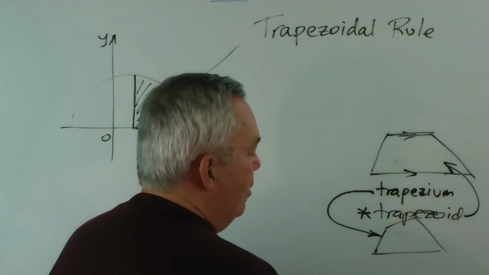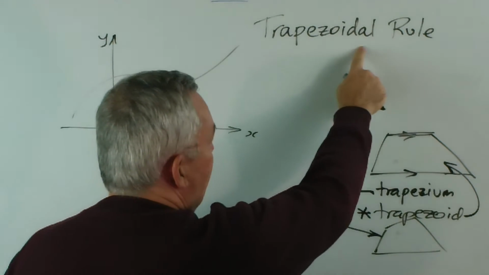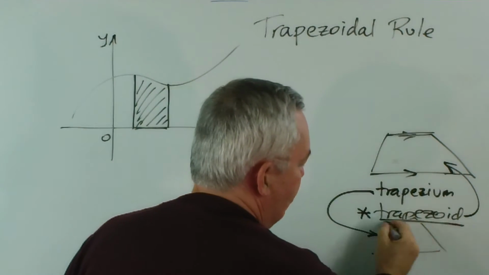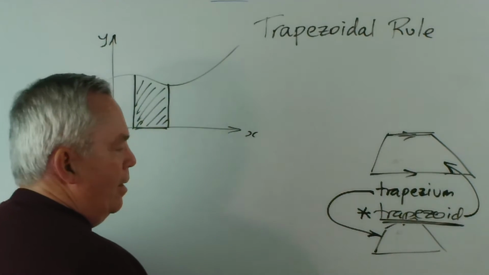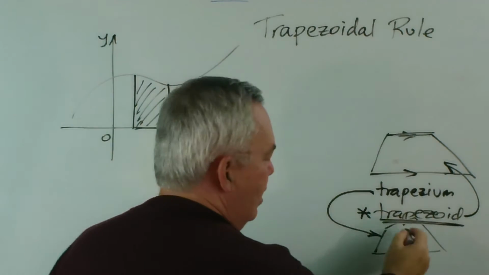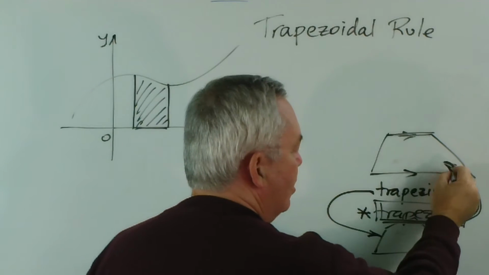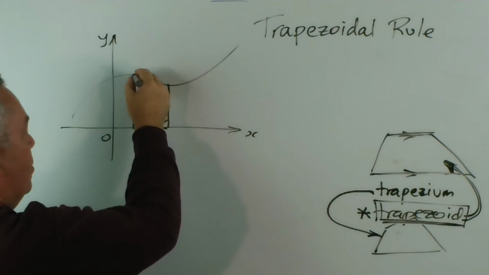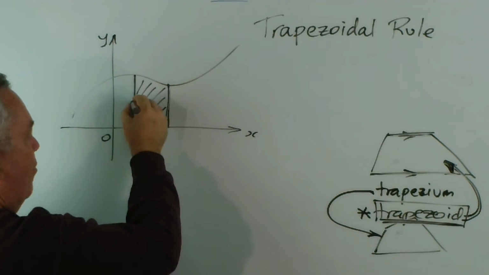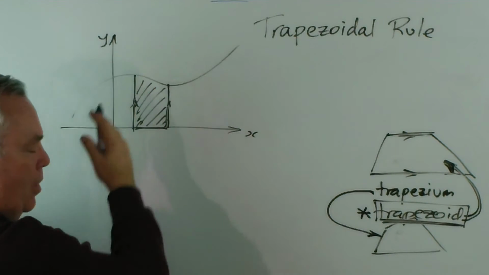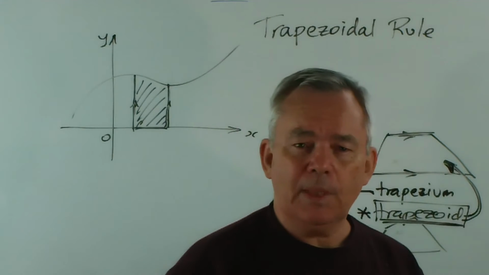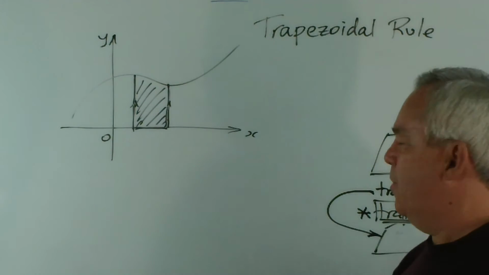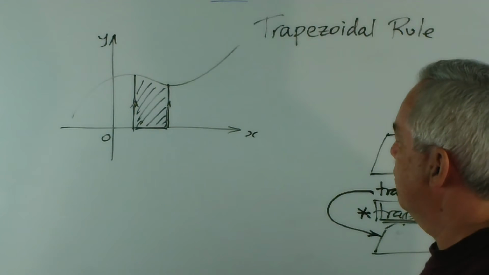Now, interestingly, this rule is named after this term, and it's obviously named by someone who used this term to describe this shape with a pair of parallel sides, because we have a pair of parallel sides parallel with the y-axis. So that's just a little bit of commentary about why it's called the trapezoidal rule.